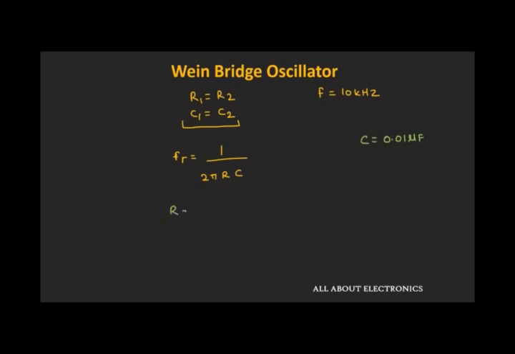So R will be equal to 1 divided by 2 pi times FC. That means 1 divided by 2 pi times 10 to the power 4 into 10 to the power minus 8. Or if we calculate the value of R, then it will roughly come around 1.59 kilo ohm.